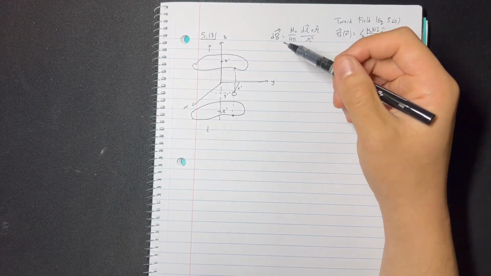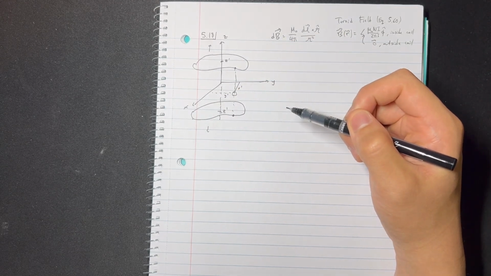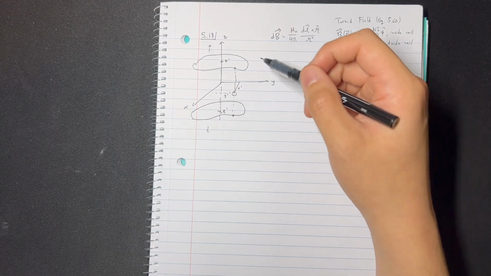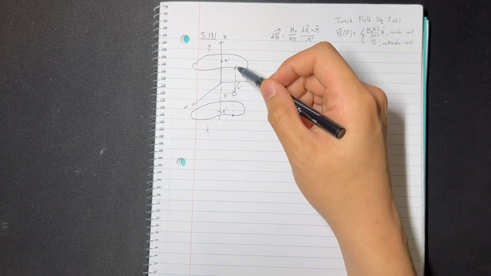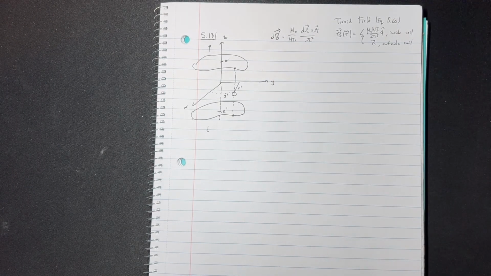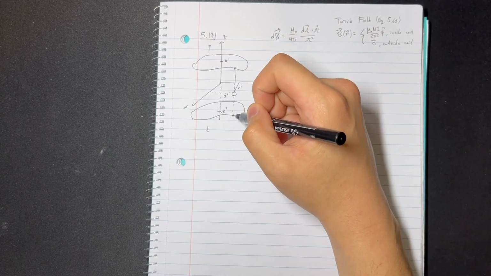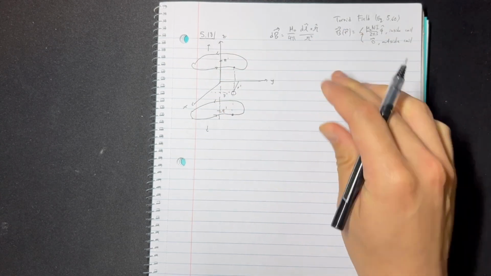So let's pick a point on this XY plane to find the differential element of the magnetic field from each of these differential contributions on each of these points of the solenoid. Now, let's say the current is going counterclockwise also.